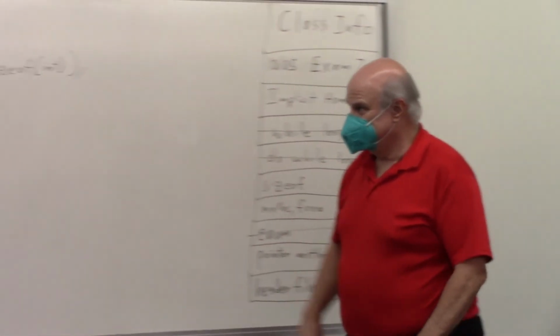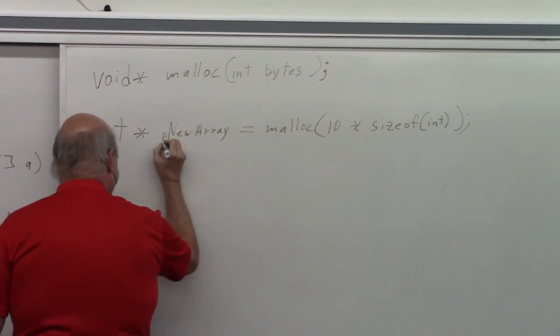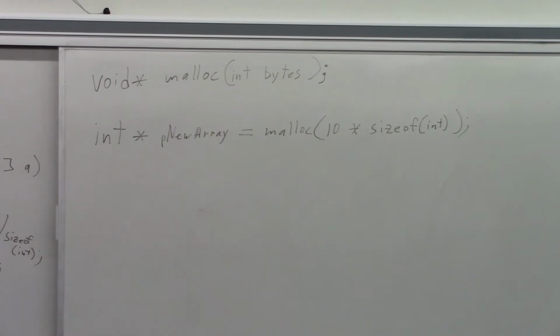So then, and frequently by convention, people put a lowercase p in front of the name, so that when they look at the name, they can say, okay, it's probably a pointer. All sorts of conventions like that about how to name things. That's a common one. But now, you've allocated a chunk of memory that on our systems happens to be 40 bytes.